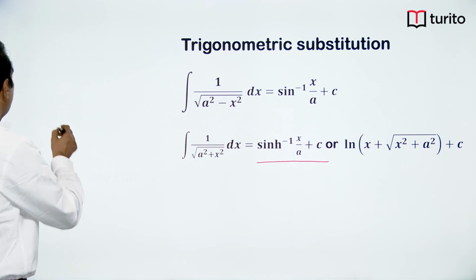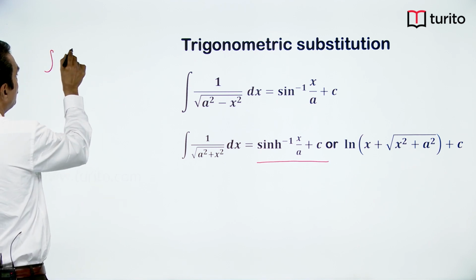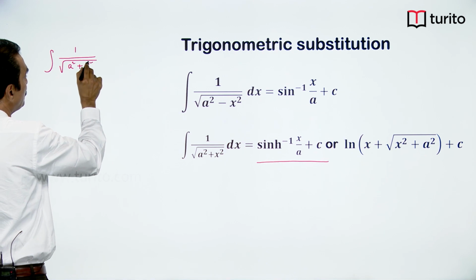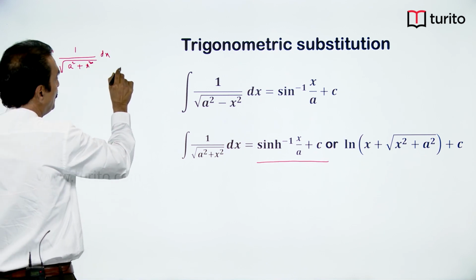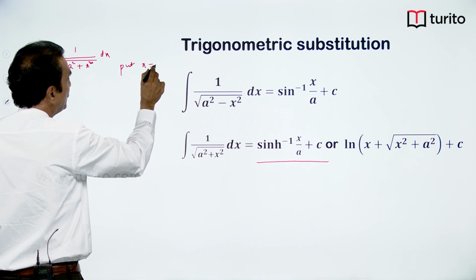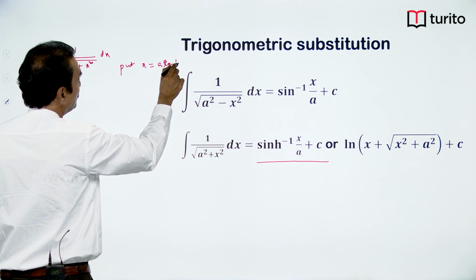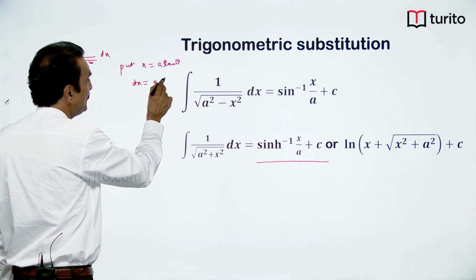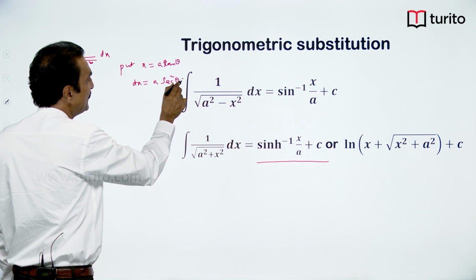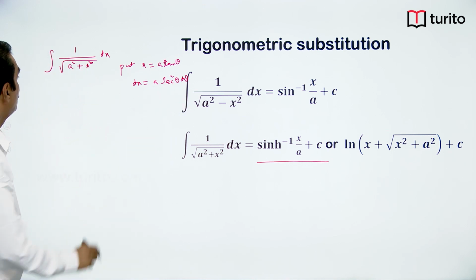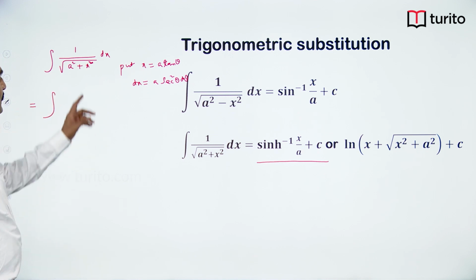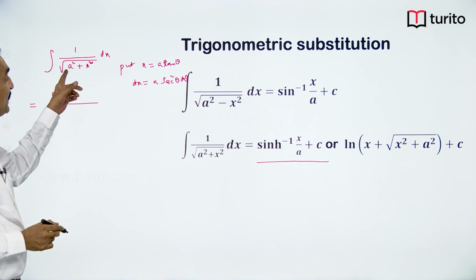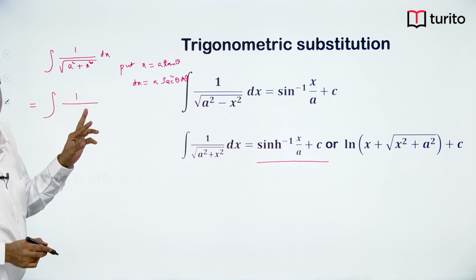I will explain both. First, putting x is equal to a tan theta, then dx is equal to a secant square theta d theta, then this will be 1 by root over a square plus a square tan square theta is root over a square secant square theta, 1 plus tan square theta is secant square theta.